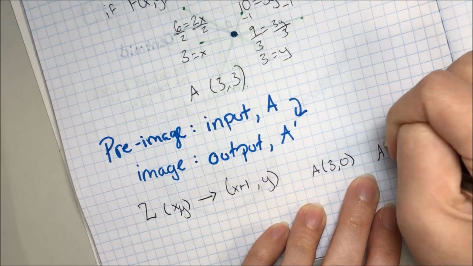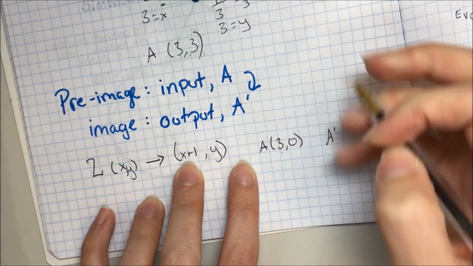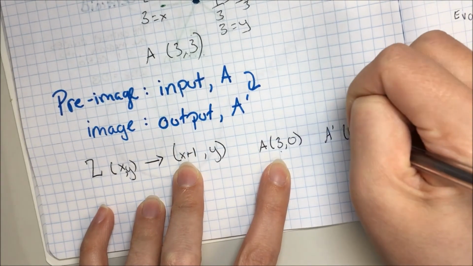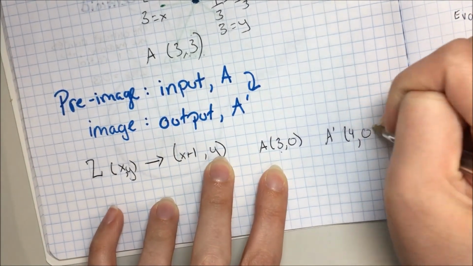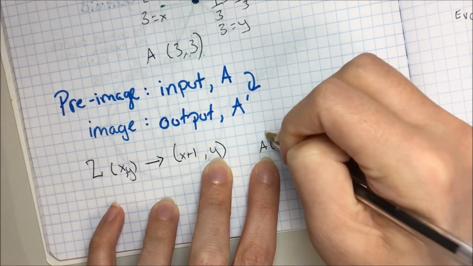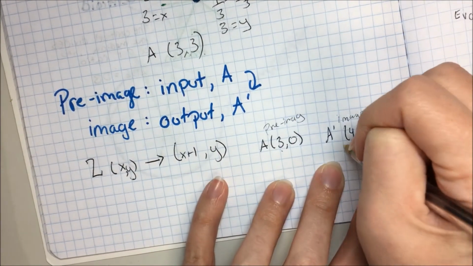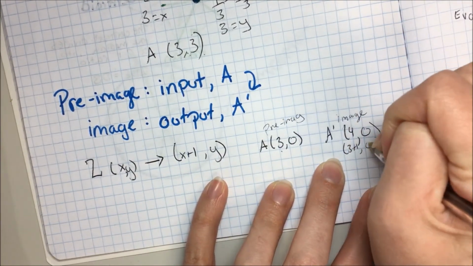They want to know what A prime is. So following this rule, the x gets added by 1, that's 4, and the y gets left alone. So this would be my image, this would be my pre-image. So this would be 3 plus 1.